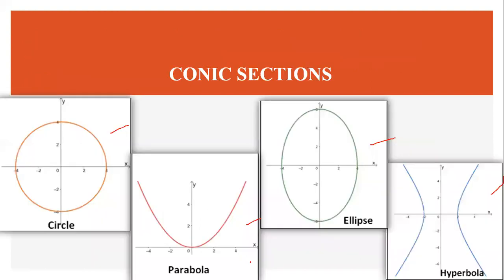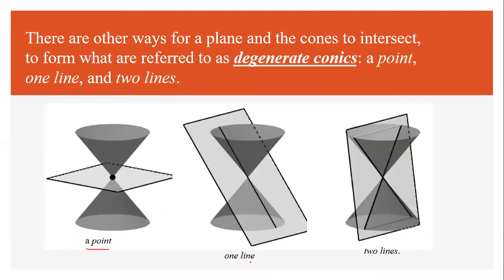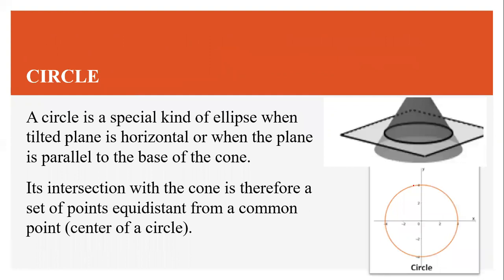Next is one line, if it intersects at the edge of the cones. Or two lines, if it intersects perfectly at both edges of our cones in the lower and upper nappe. It results in lines. So those are the degenerate conic sections.